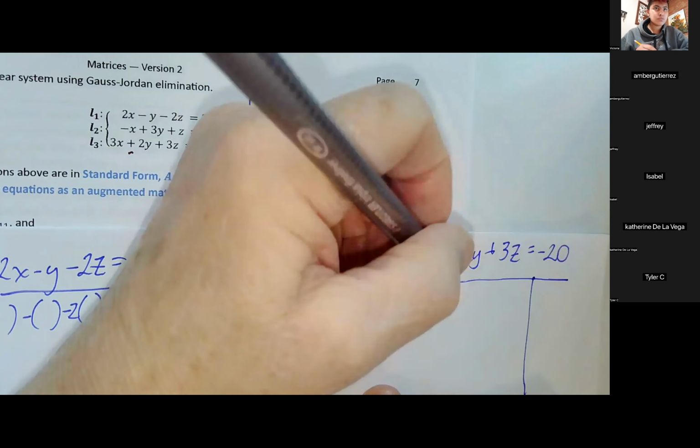All right, let's just write it down. We've got x, y, z equals 1, 5, 4. So I'm just going to substitute in 1, 5, 4 for x, y, and z.